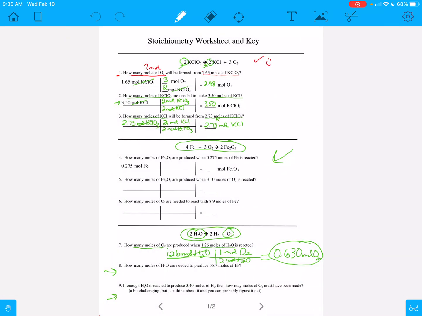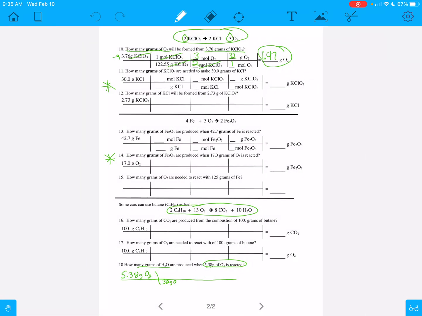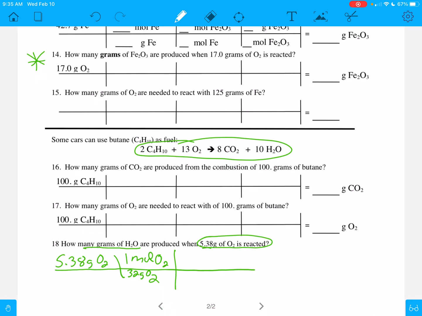Whoa, what just happened? Go back. 32 grams of O2 is the same as 1 mole of O2. All right, it got small on us, didn't it? Okay, try that again. Okay, so that got rid of grams of O2. Yay. The next thing. Oh, I'm getting close. Running out of time.